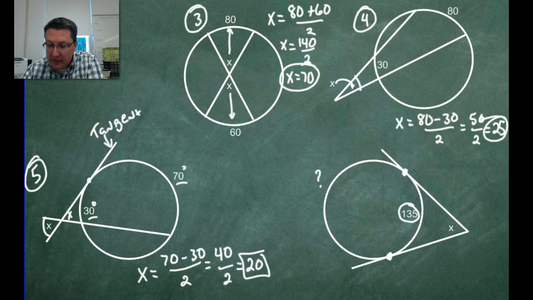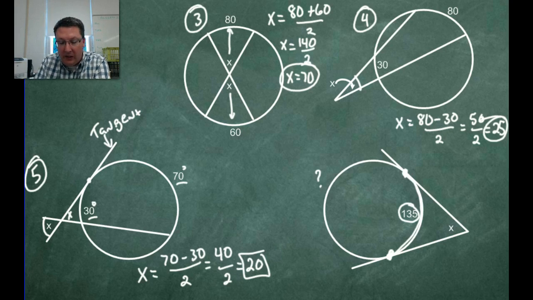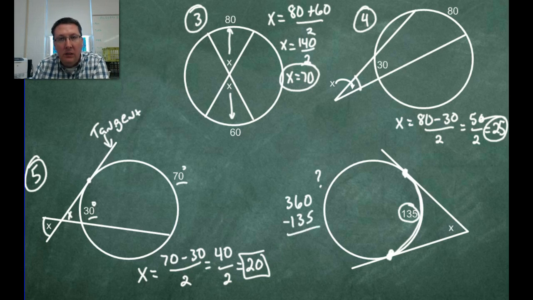If you look at this picture, from this point of tangency around the circle to here is 135 degrees. Well, I also have the rest of the circle. So this arc is talking about the whole rest of the circle. How do I find that? Well, the whole circle is 360 degrees. The inside part is 135, so take that 360 and subtract your 135. When I do that, I get 225 degrees. So that tells me this arc on the outside is 225 degrees.